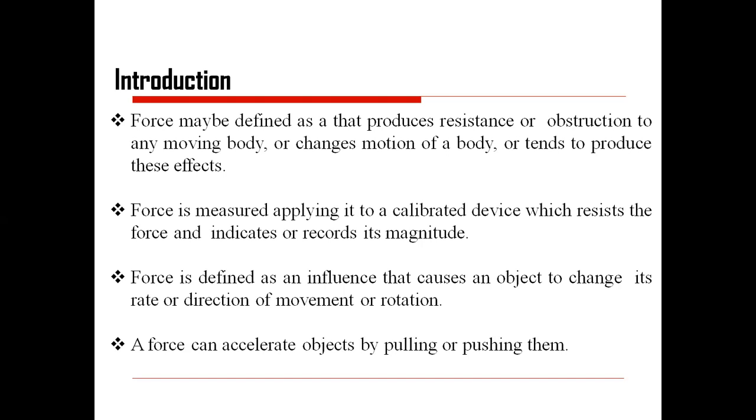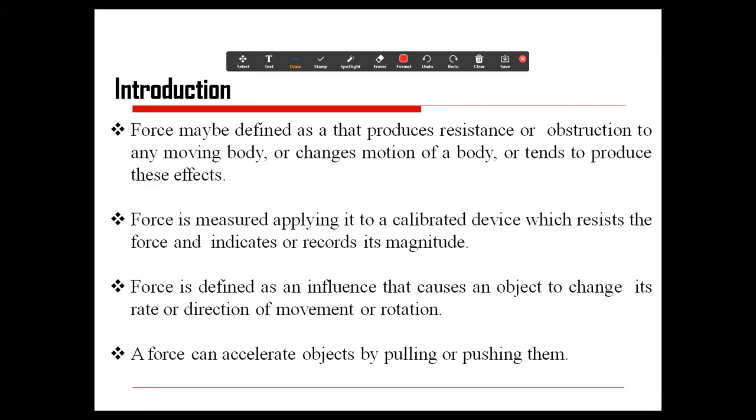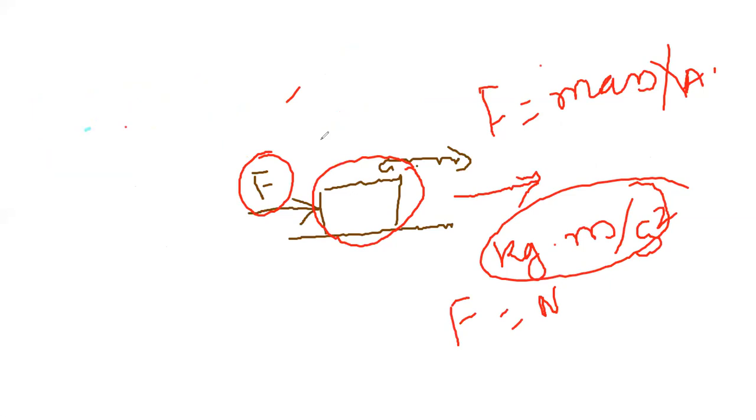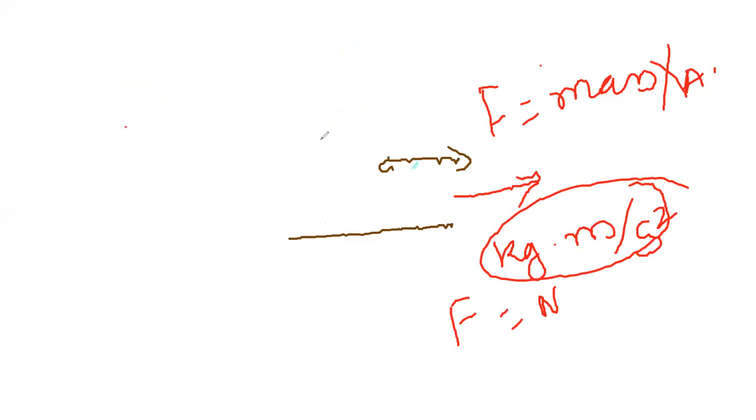Now, suppose we are having one particular object, that is a table, and on that particular table, suppose I have applied some force from both the sides. Now this is the table which I am having.